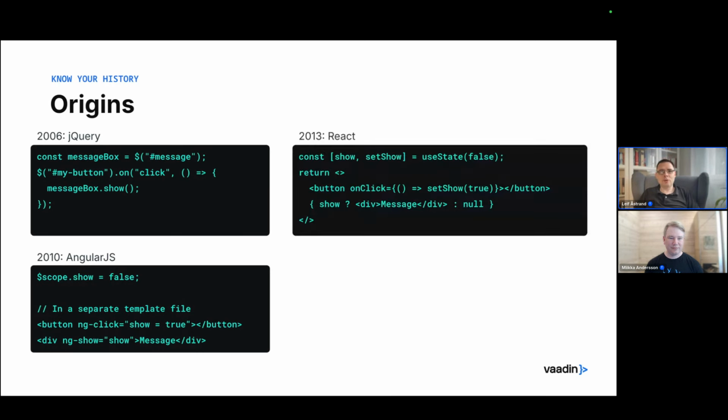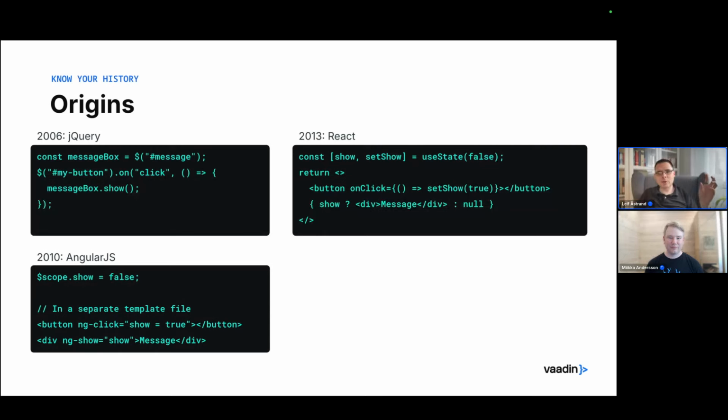Then if you go further ahead, React in 2013 introduced, it didn't look exactly like this then, but the same concept was still there. Again, kind of the same, but quite different. Now everything is in your JavaScript or TypeScript file, but it's still the same thing. You declaratively define that this is the state I have. In this case, it's a show variable, and then you also get a setter for it, and the initial value is false.